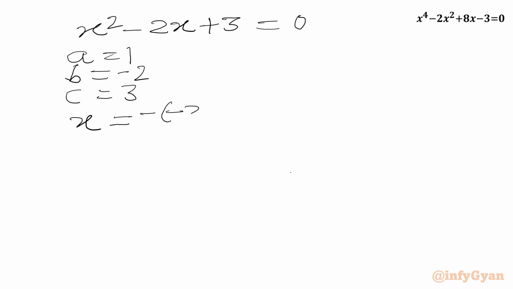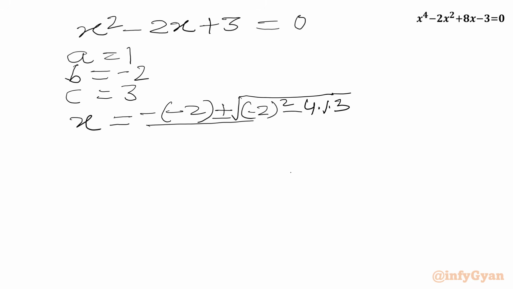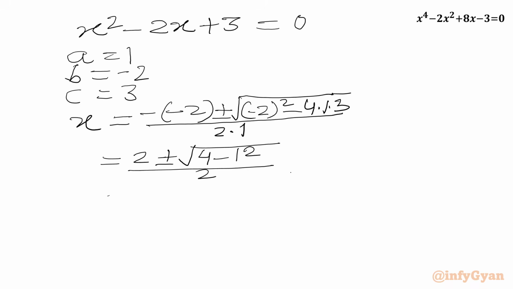So minus of minus 2 plus minus the square root of b square, so minus 2 square minus 4 times 1 times 3, over 2 times 1. Minus times minus becomes plus. So 2 plus minus the square root of minus 2 square is 4 minus 4 times 3 is 12, over 2, will be equal to 2 plus minus square root of minus 8 over 2.